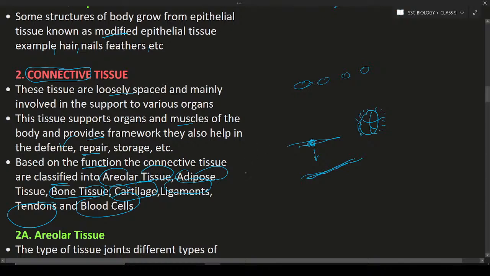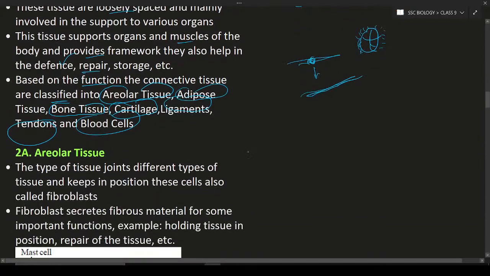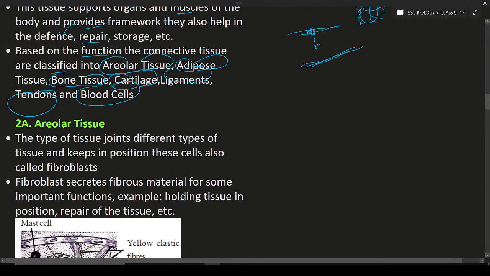Now we will move to the types or classification of connective tissue. The first is areolar tissue. This type of tissue is mainly found in the joints between tissues, and it keeps them in position. These cells are known as fibroblasts.